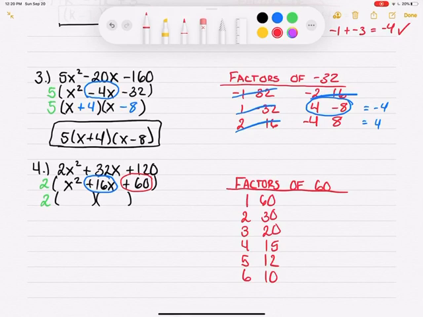If I look at these factors, I notice that the only pair that adds up to be 16 is 6 and 10. So my factored polynomial is going to be x plus 6 and x plus 10, giving me an overall answer of 2 times x plus 6 times x plus 10.